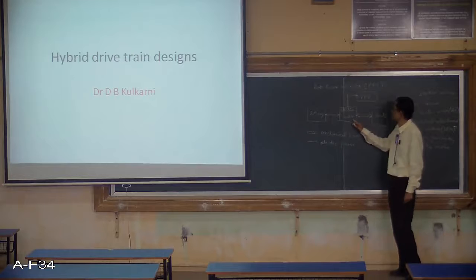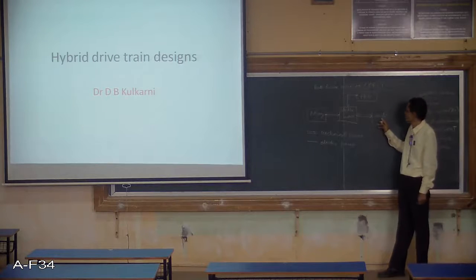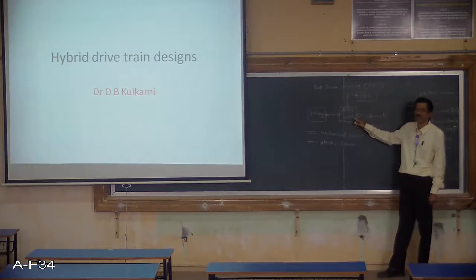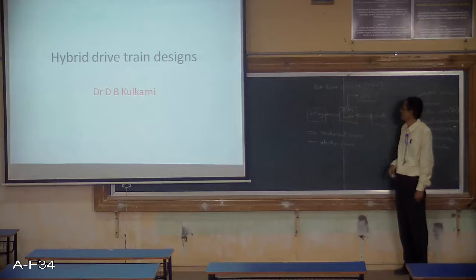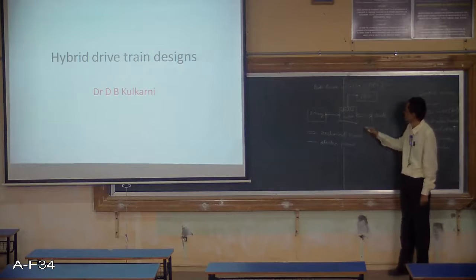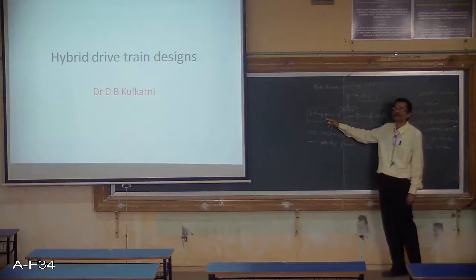So the electric motor supplies mechanical power to the wheels. The wheels in turn supply mechanical power to the electric motor, which runs as an electric generator, and the power generated by the electric generator is supplied to the PPS, or it can be supplied to the battery.